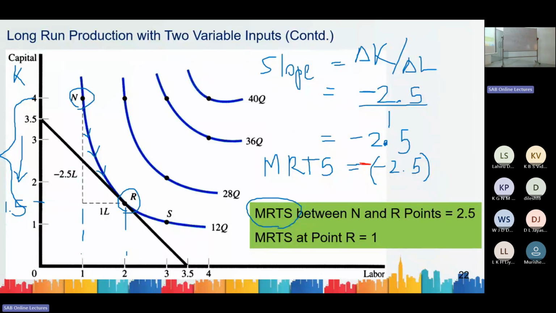So minus of minus 2.5 is plus 2.5. Got it? Any questions so far?